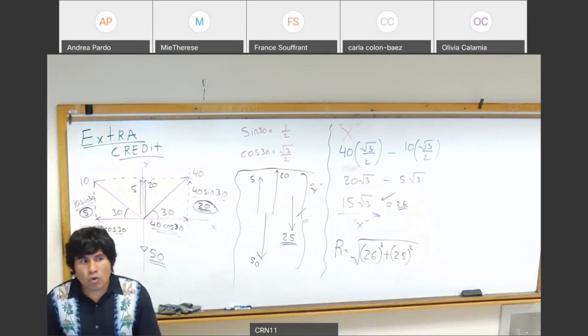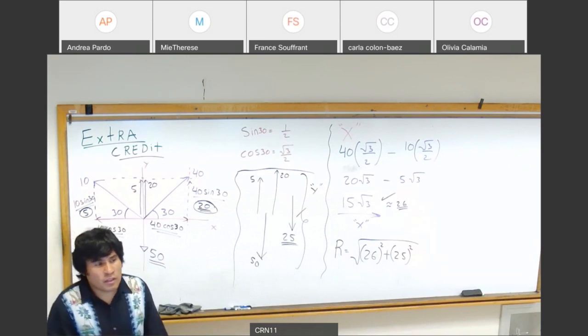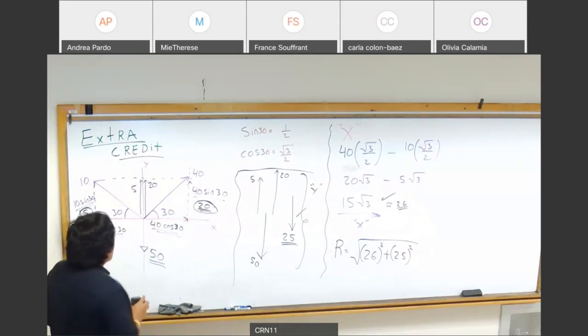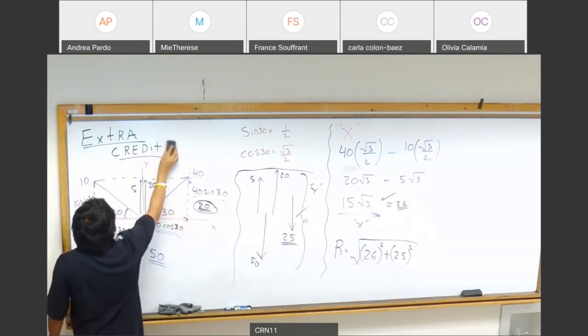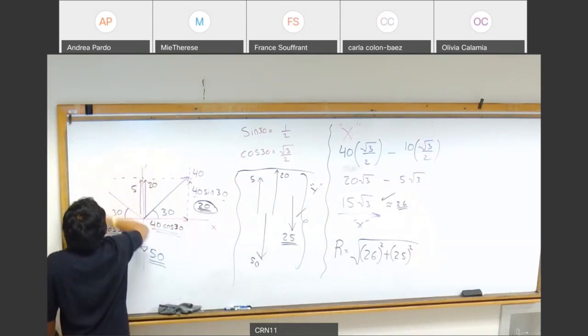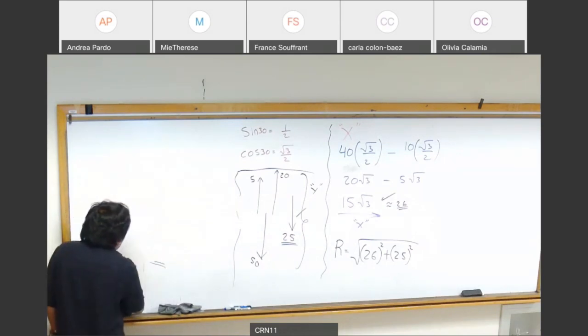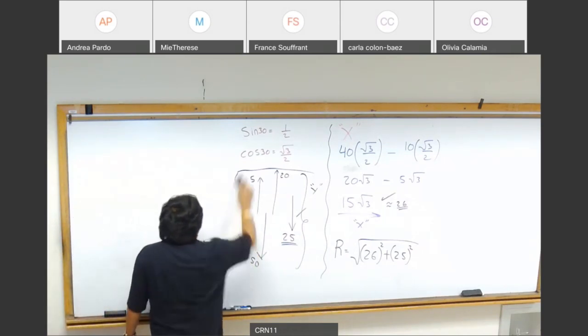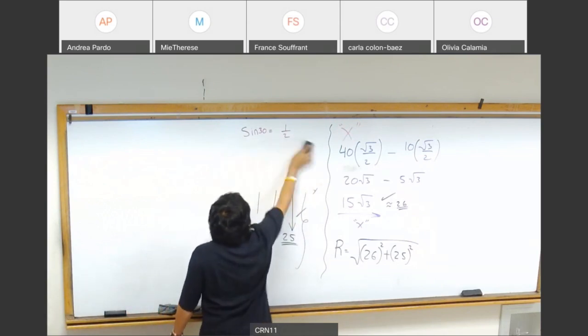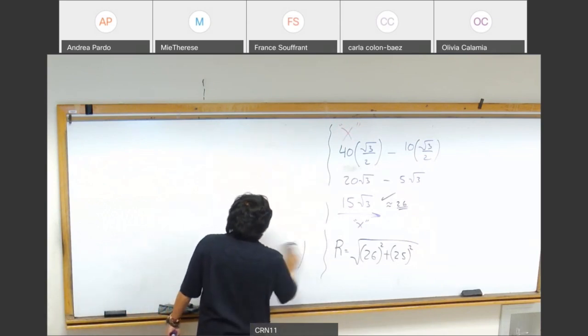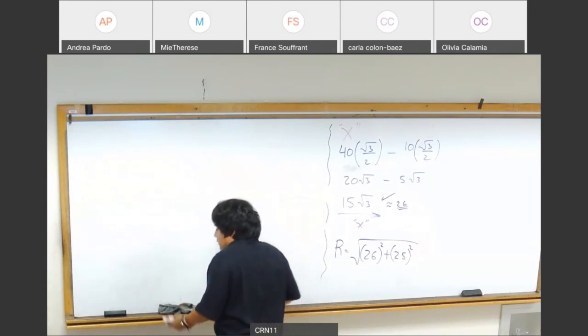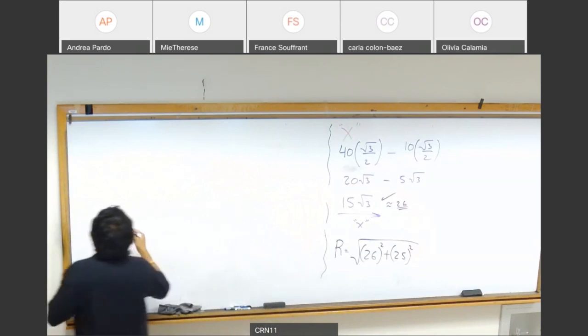This is something that, if you are doing the lab portion of the course, you will be doing also in the lab. You will have to analyze a position versus time graph and a velocity versus time graph. So let's analyze. All right? The easiest one, I believe, is position versus time.